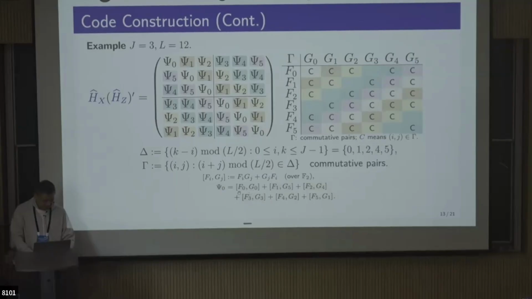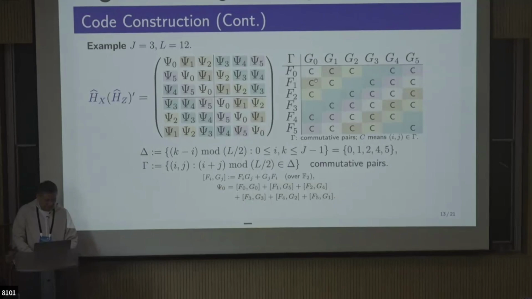So the important notation is gamma. Gamma is a set of Fi and Gj pairs that we force to commute. In that table, the label C means that the pair belongs to gamma.